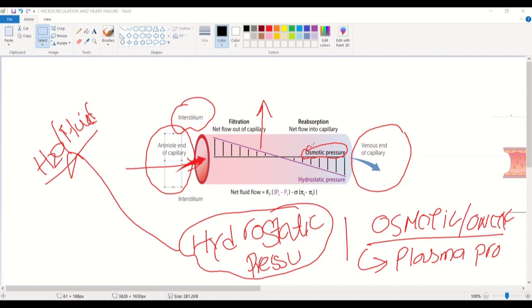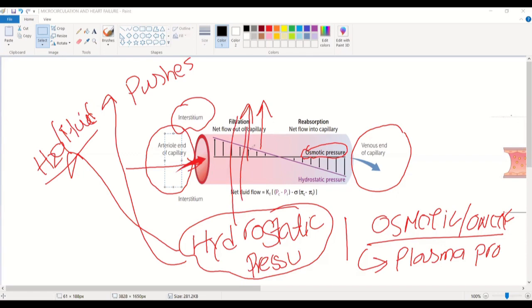Hydrostatic pressure pushes fluid out of the capillaries, and this oncotic pressure pulls or holds the fluid inside the capillary, right?